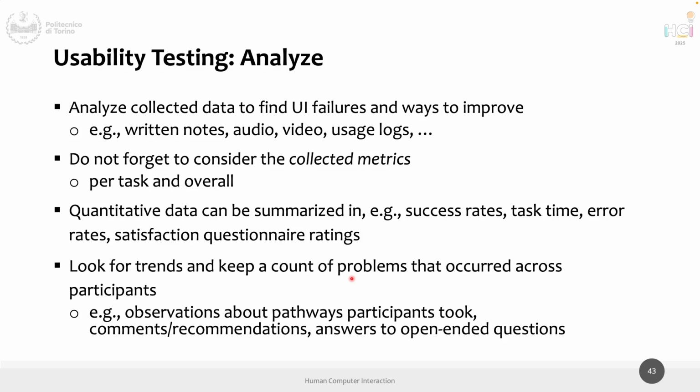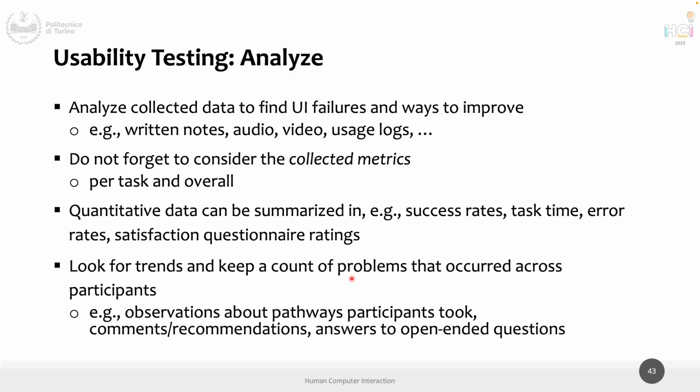Don't forget to consider the collected metrics per task and overall. Which means if I am collecting the success rate per task, I can say task number 1 across 5 participants was completed successfully 4 times and 1 time was not completed.